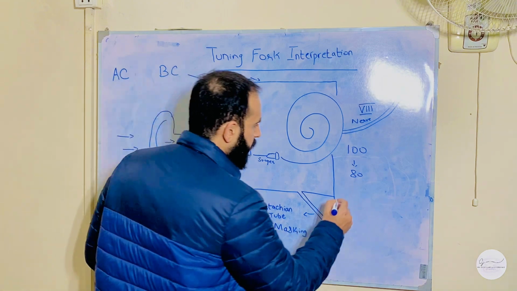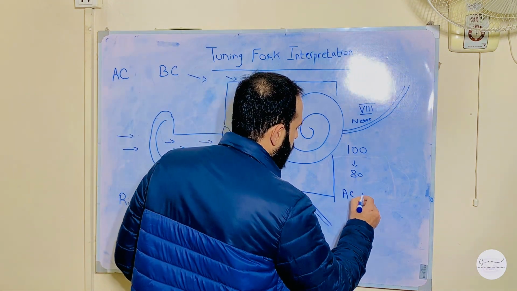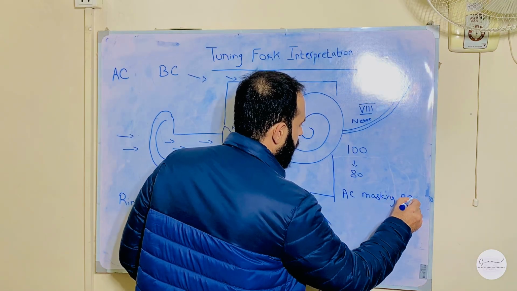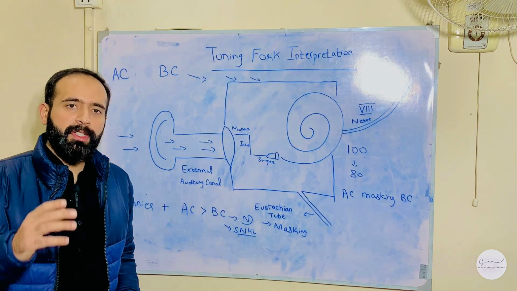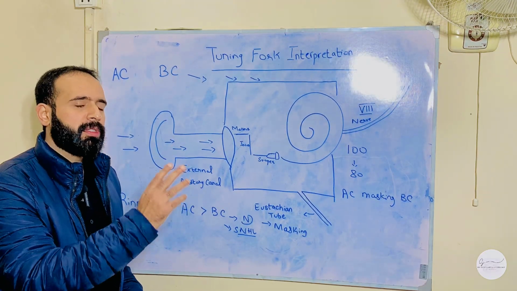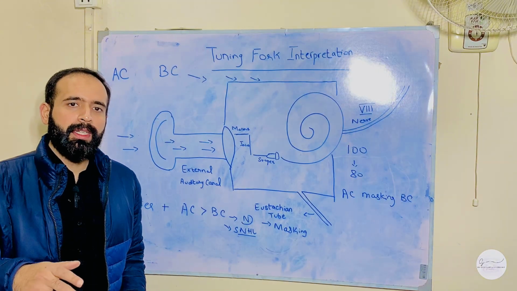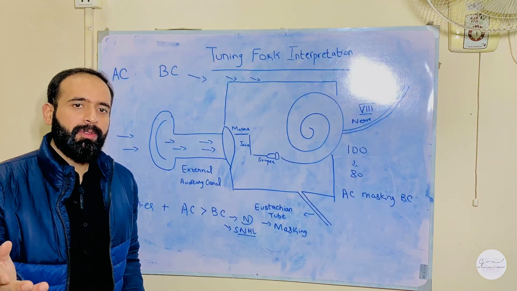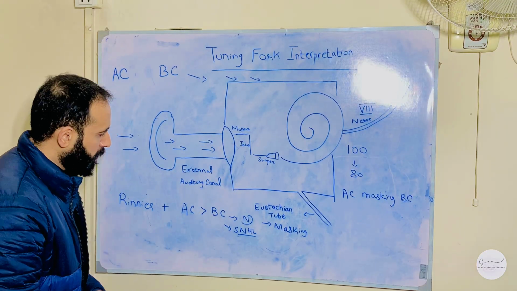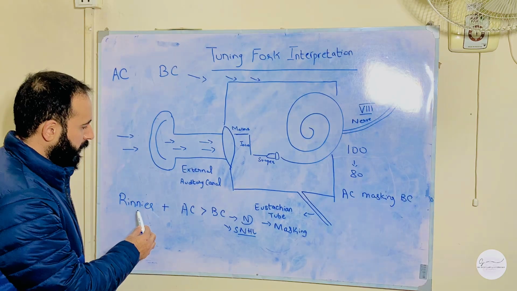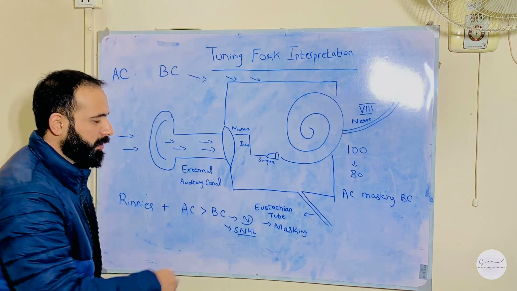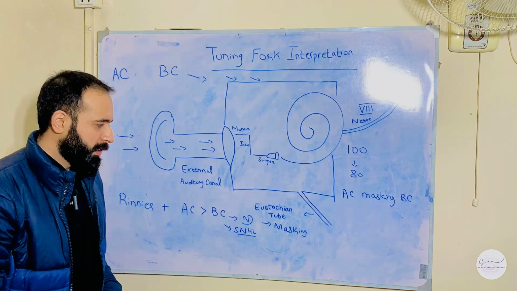So this means that the air conductive pathway is basically masking the bone conductive pathway, which means that the majority of the receptors in the cochlea are occupied by the sounds coming in through the air conductive pathway, and that is why there are not many receptors left by which the cochlea can appreciate the sounds coming through the bone conductive pathway. So in a normal patient in which the Rinne's is positive, it means that the air conductive pathway is greater than the bone conductive pathway, and that is normal.